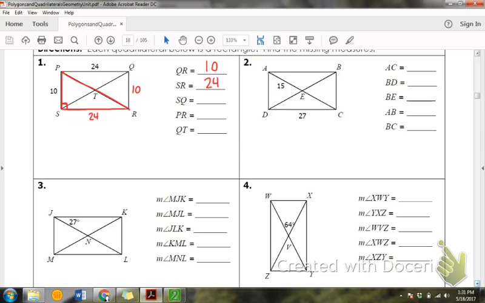A squared plus B squared equals C squared is going to give us P to R. Now, PR is going to be the hypotenuse, right? Because it's across from the right angle, so that's the C value. So we have to be really careful when we plug it in. 10 squared plus 24 squared equals C squared. So I have a right triangle there. My PR is my hypotenuse, the one I don't know.